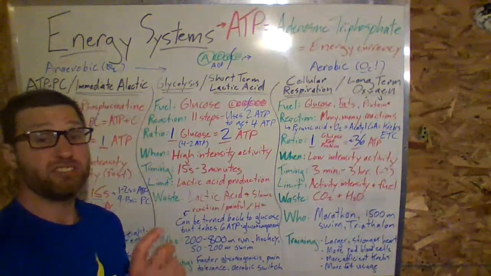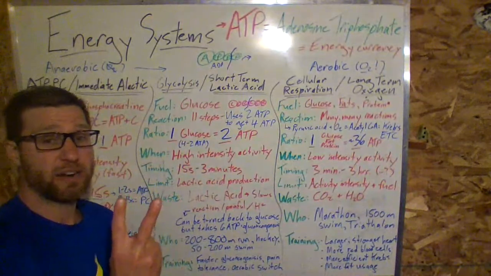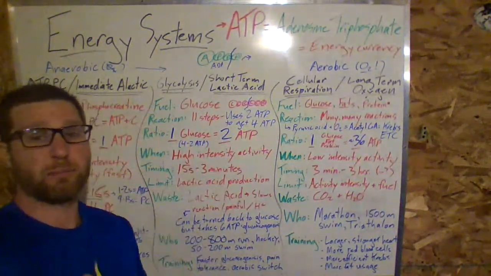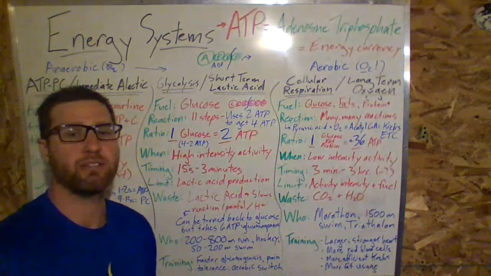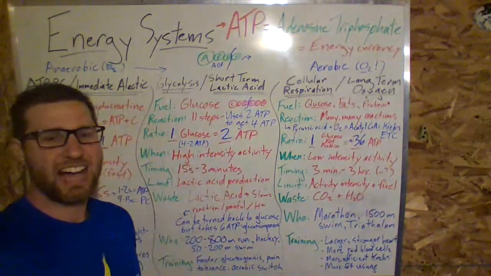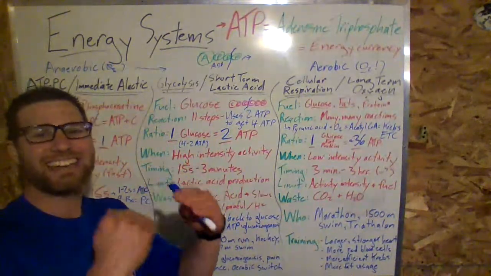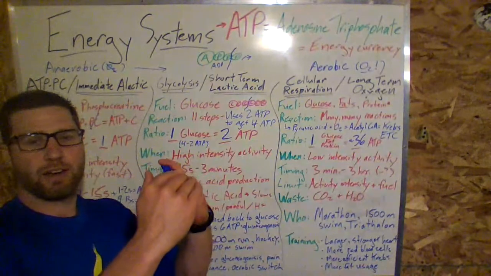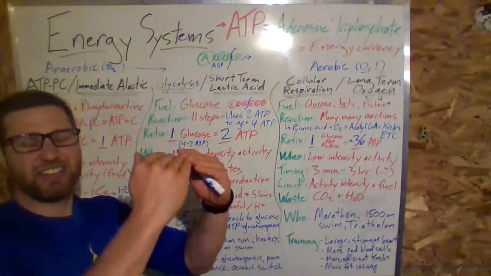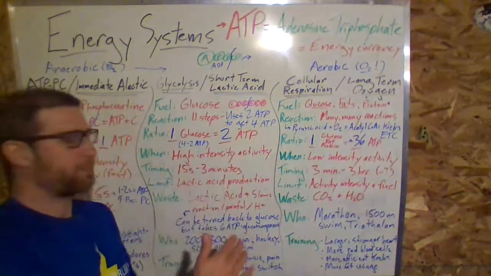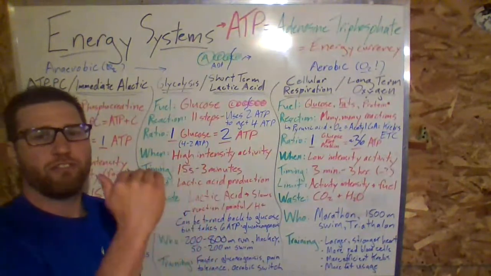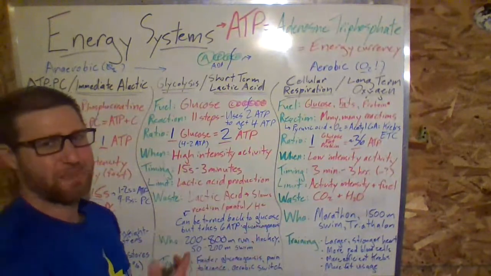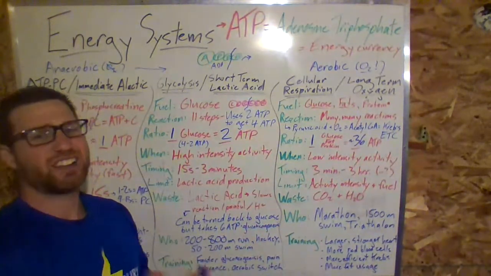So if I'm producing 2 ATP, but it takes me 6 ATP in order to convert it back, I'm losing 4 ATP when I'm building up the lactic acid. And so I can't indefinitely keep accumulating all this lactic acid and still run the system, because I will lose 4 ATP by converting lactic acid back into glucose. So it's not sustainable.